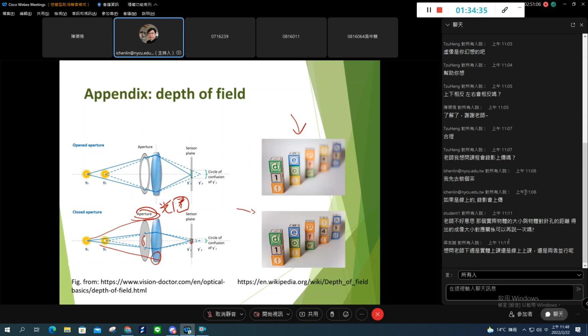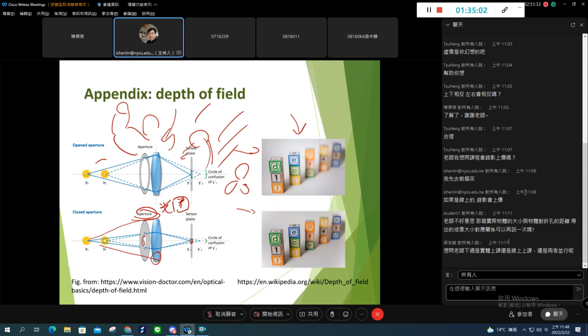But this depends on your requirements. Someone likes this kind of effect. So whenever you take, such as, a flower, or some beauty, or some muscle guide, if you want to focus and make your background or others blur, you can choose a large aperture, right?